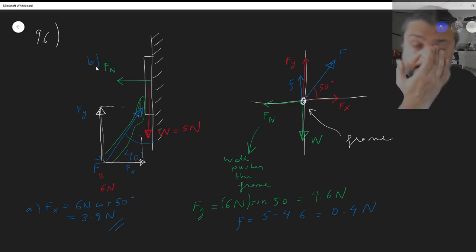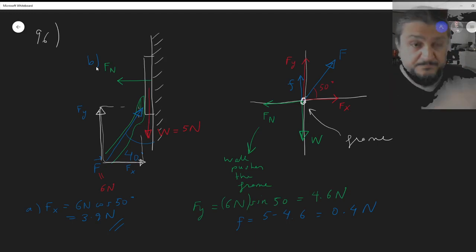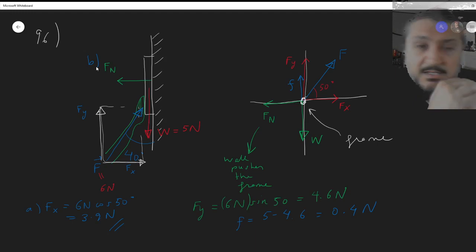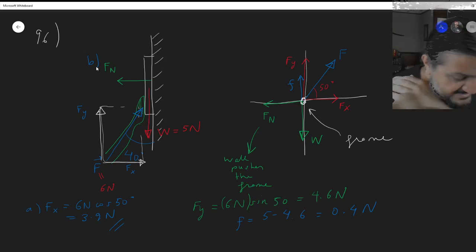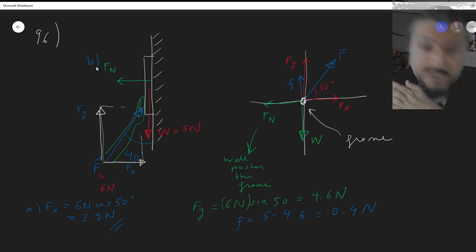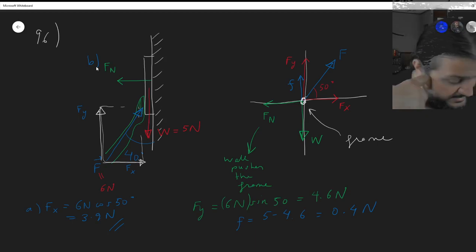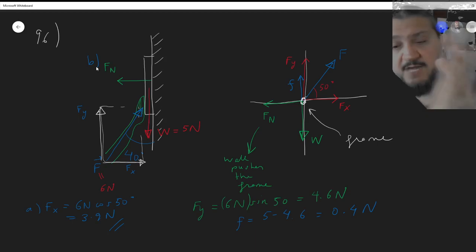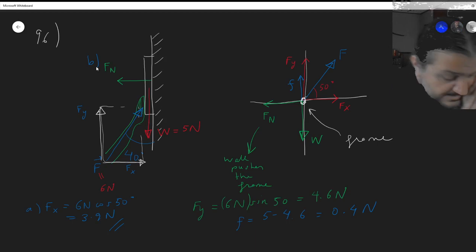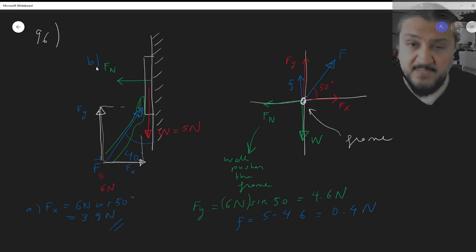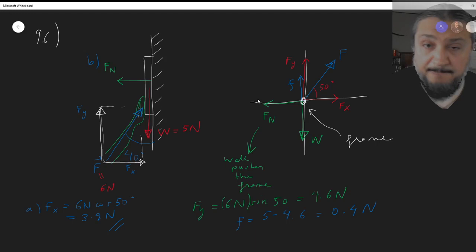Now we know what the friction force is. That is 0.4 newtons. But how do we get the minimum coefficient of static friction between the wall and the picture?